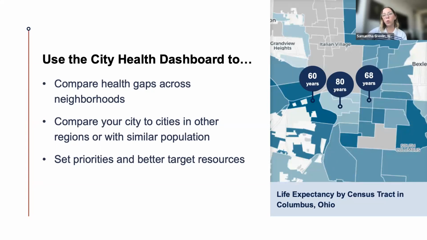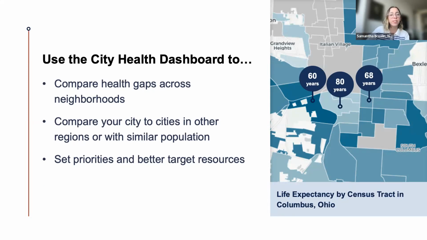So this tool is helpful in identifying not only where those gaps exist, but priming you to think a little bit more deeply about what could be causing those gaps. What is happening in these communities that is either helping or hurting the life expectancy in this specific example.